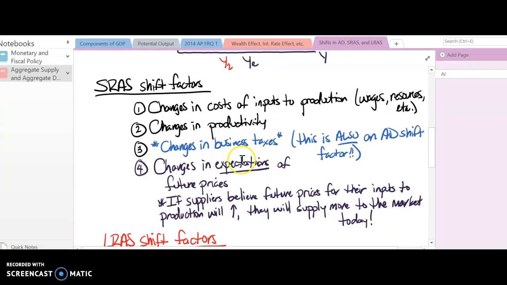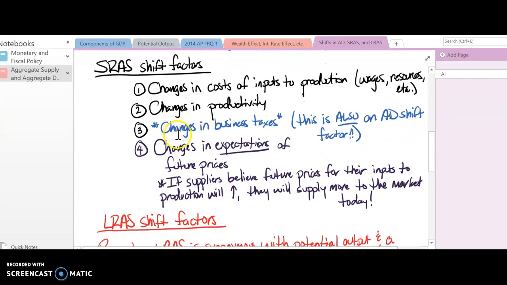All other instances, we assume that only one curve is going to shift in one direction. But for a number of reasons, you can argue that business taxes could either increase aggregate demand or decrease it depending on what's happening with taxes, or it could also lead to increases in short-run aggregate supply. All right, so keep that in mind that this is for both AD and SRAS.